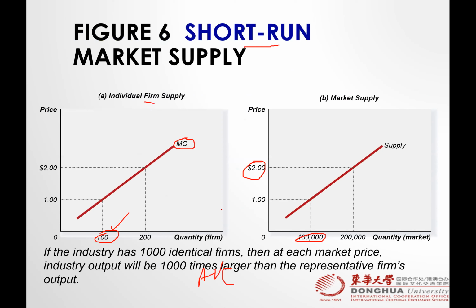You just multiply the quantity of each firm. So there are 1,000 firms who are ready to supply 100 each. In total, they are supplying 100,000. The market supply is the sum of all the quantities supplied. The individual is the firm, how much the firm is supplying. It is 100, right?